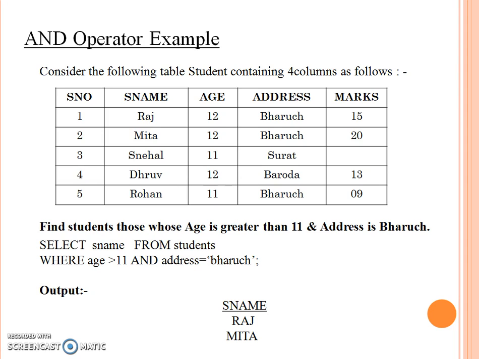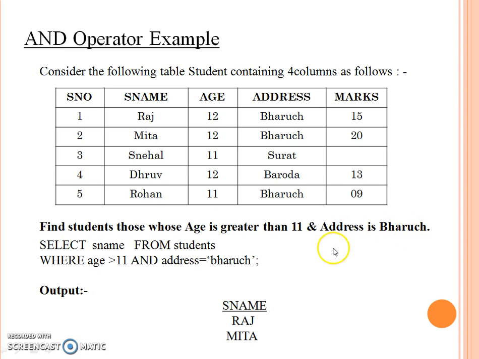Now, our condition says that I want to fetch the names of those students from the students table having an age greater than 11 and their address should be Bharuch. As we can see in this table at a glance, the students having age greater than 11 are 1, 2 and 3, that is Raj, Meeta and Dhruv.